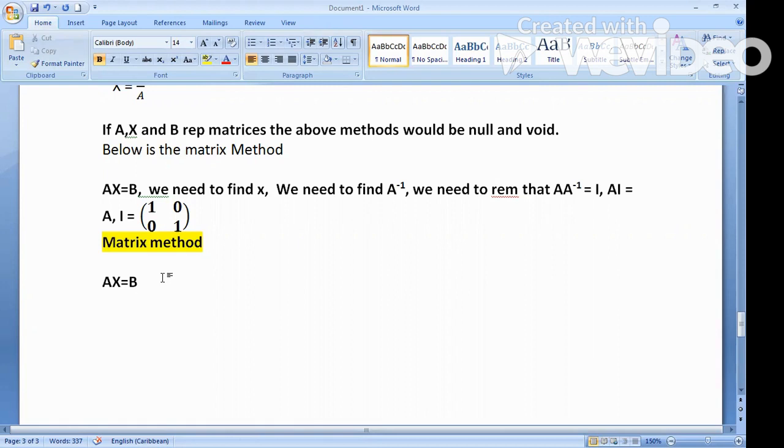So what we do now is that we pre-multiply both sides by A inverse. Basically, we're going to write this down here.